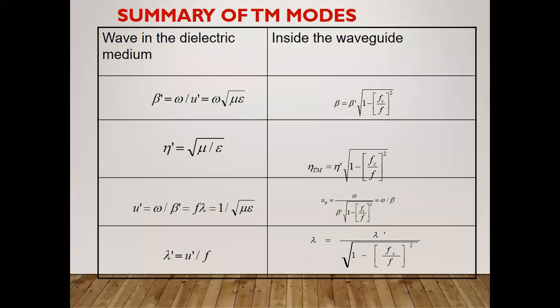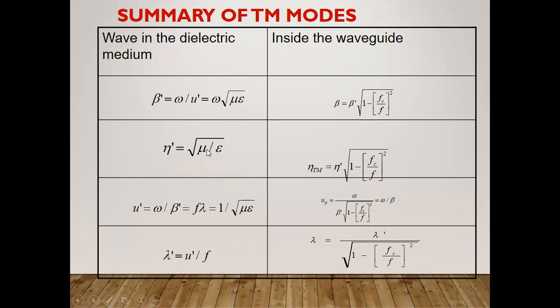If my wave is in the dielectric medium, how can I calculate my propagation constant, and if my wave is inside the waveguide, how can I calculate it? That is important here. That's why they have written beta dash and beta, because of the difference between the dielectric medium and the waveguide medium.